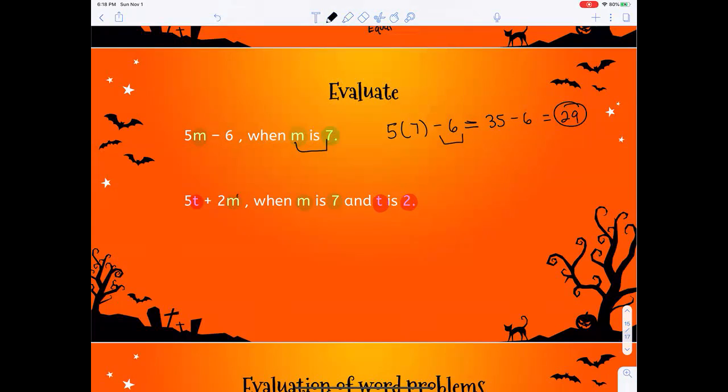So I want to put this 7 in here and this 2 right here. So I have 5, t is 2, plus 2, and m is 7. And then I'm solving, so that equals 5 times 2 is 10. That's this. Plus 2 times 7 is 14. Therefore, my value is 24. That's what I get when I solve or evaluate for this.